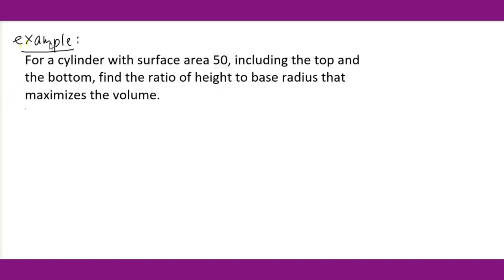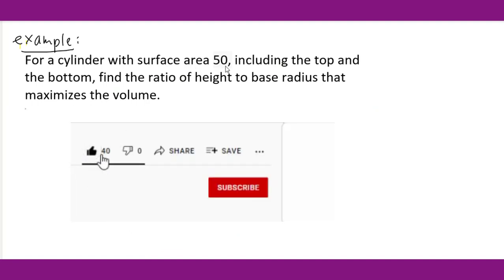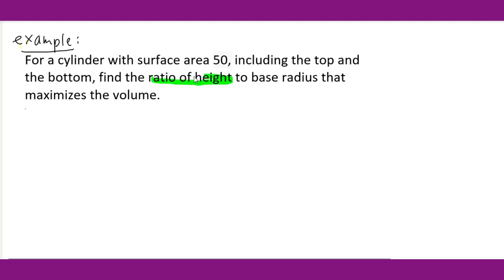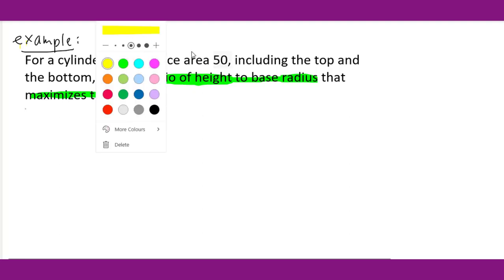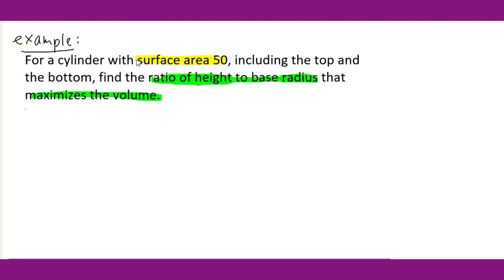Example: for a cylinder with a surface area 50, including the top and the bottom, find the ratio of height to the base radius that maximizes the volume. So given surface area, and this is the cylinder.